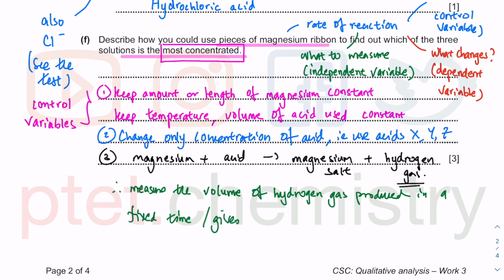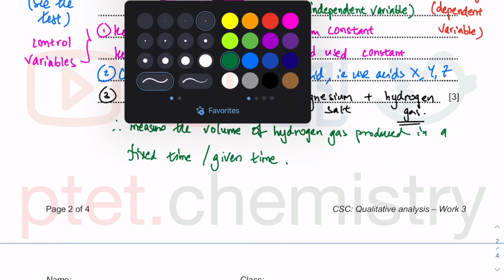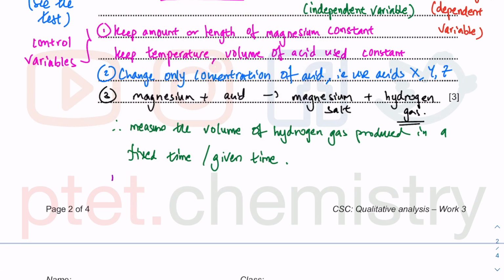If I say in 1 minute, how much hydrogen gas is given out, I have to do the same for the other two experiments so that the time is not changing, but the volume is what I measure. The question is, how can I use that information to tell me which acid is the most concentrated? The more concentrated the acid, the faster the rate of reaction, right? The more concentrated the acid, the faster the reaction.